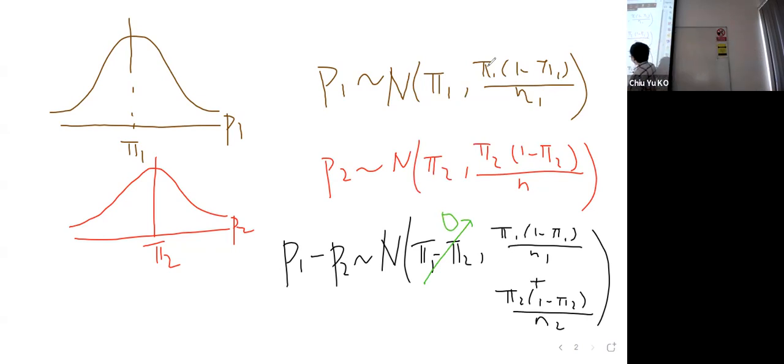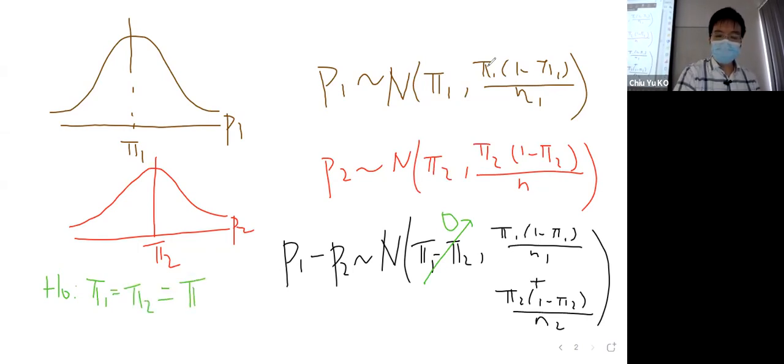So what you are left with is finding an estimate for this. Because they have the same variance, they are the same thing, you come up with a good way to estimate their common value. Under the null hypothesis, you're saying pi 1 equals pi 2, which is equal to some value called pi. So basically you want to estimate pi. Because they come from the same population, you can combine the data together, since there's no difference between Mirror and Error.